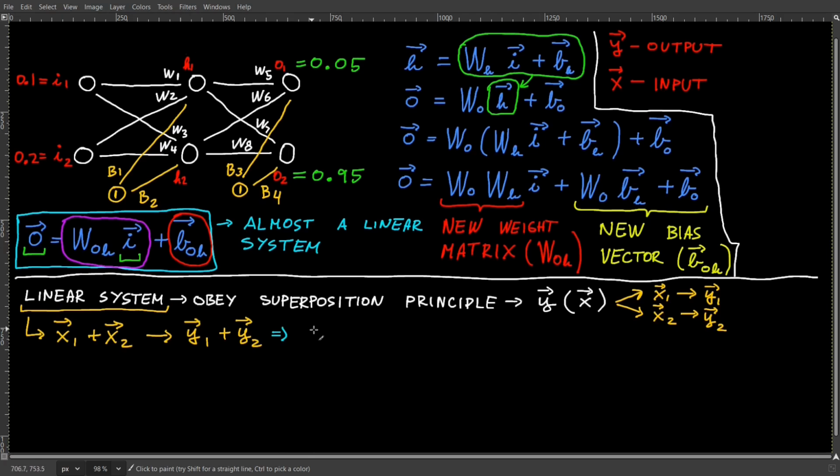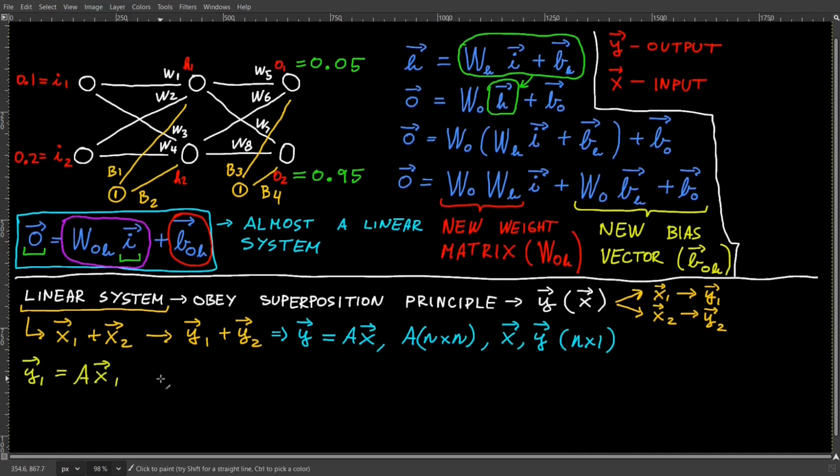And so, if for instance you have this system, where A is an n by n matrix, and then both x and y are n by 1 vectors, then if y1 equals A times x1, and y2 equals A times x2, then from here, we have the following.